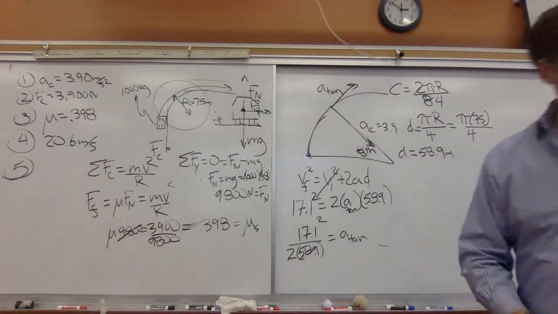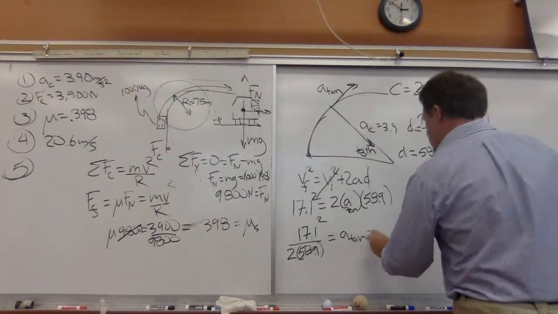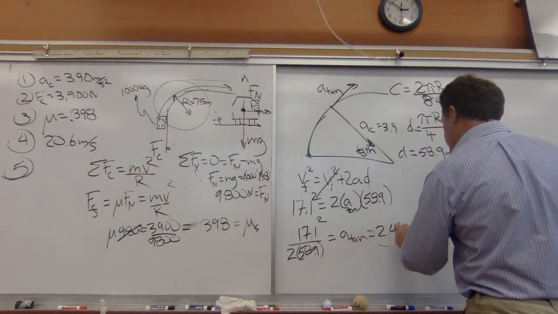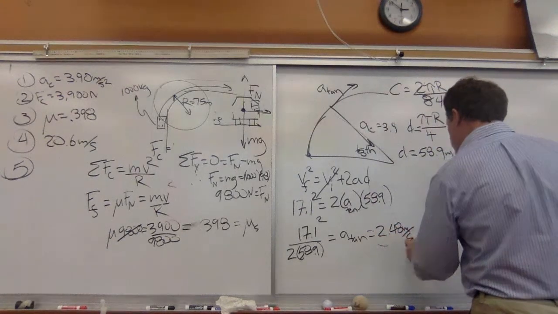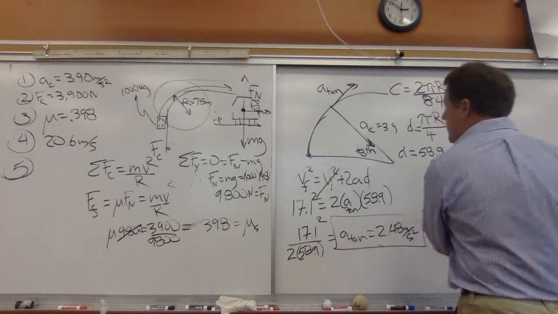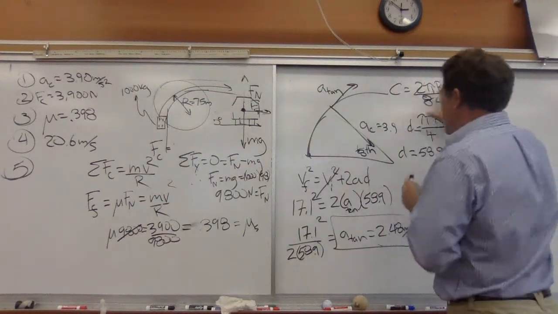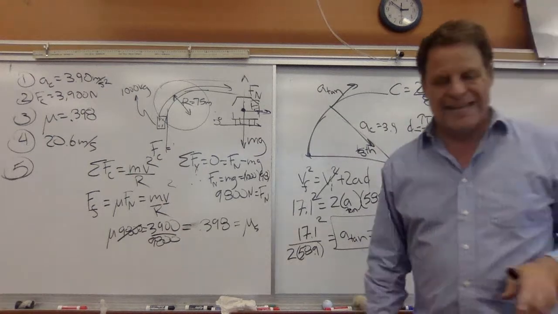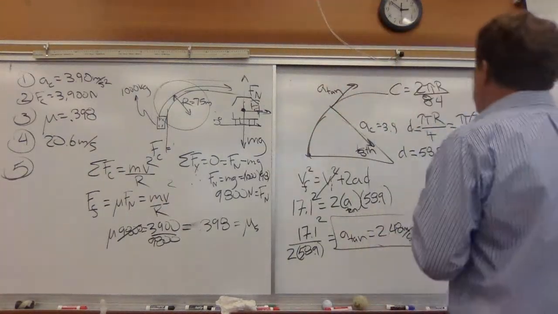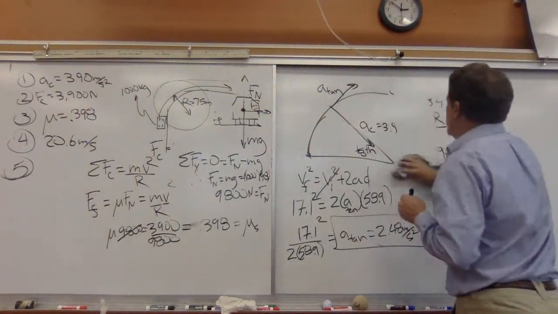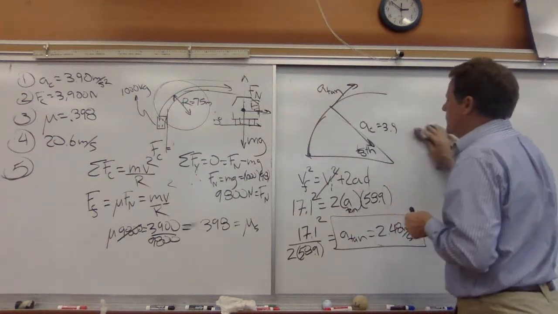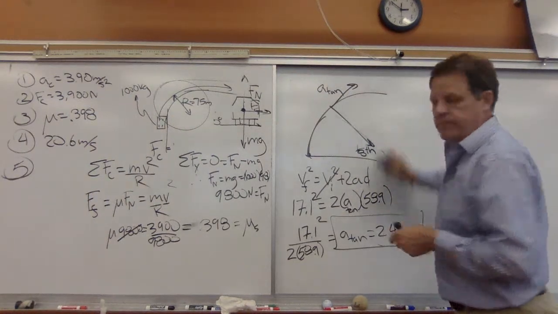And that's 2.48 meters per second squared. That is our tangential acceleration. So I'm going to get rid of this for now so that I can do a better job of showing you the next part of this question.